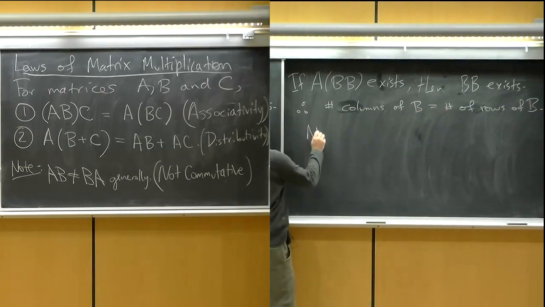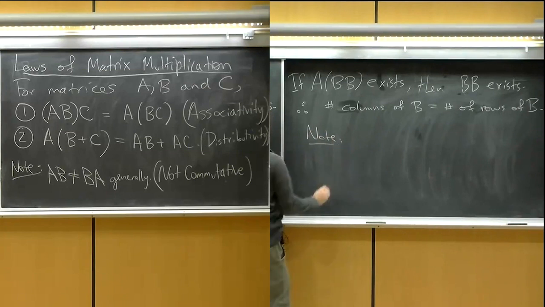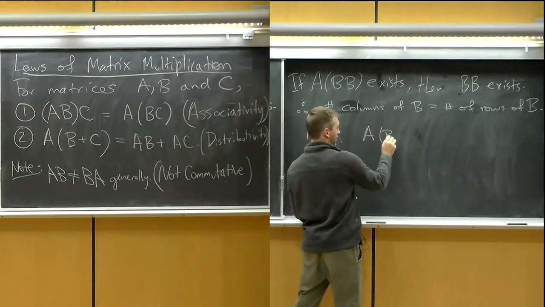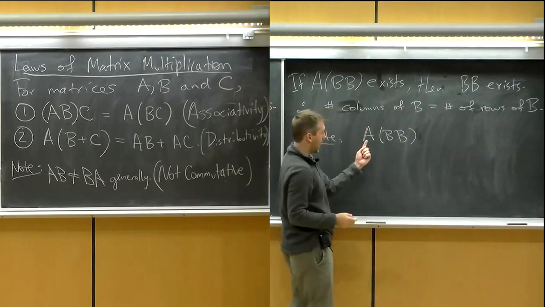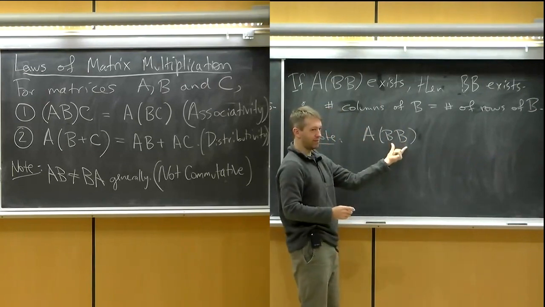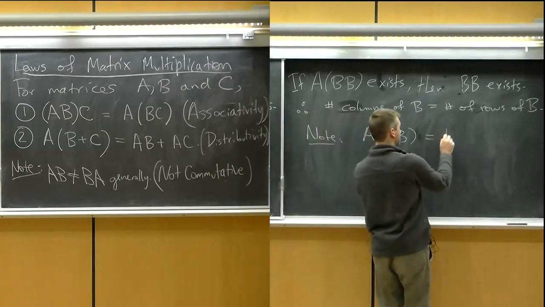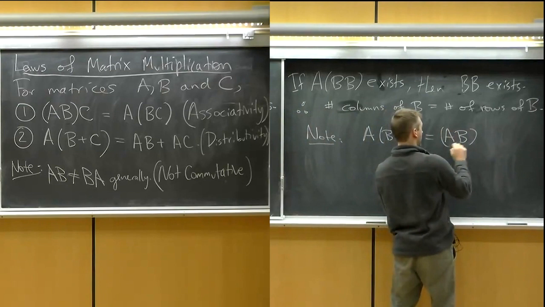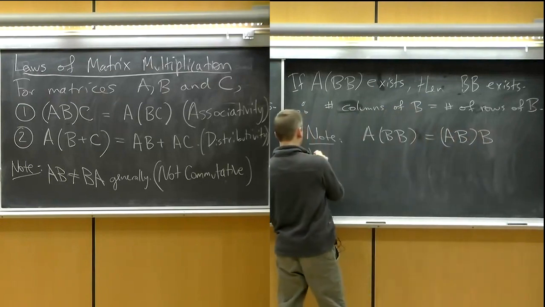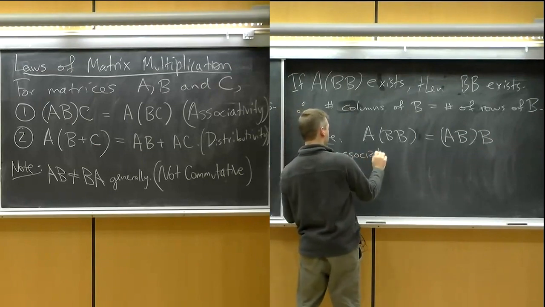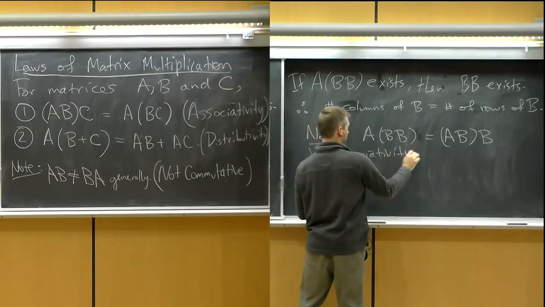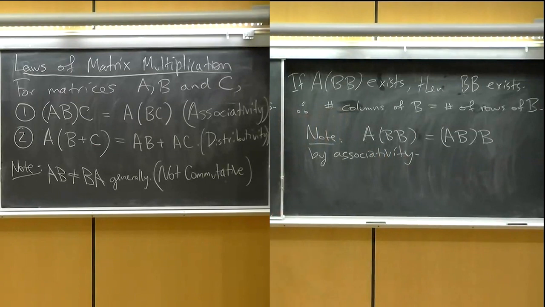But then note that this matrix here, if I do A times B in brackets, that's the same as if I bracket the other way. So that's what the associativity says.